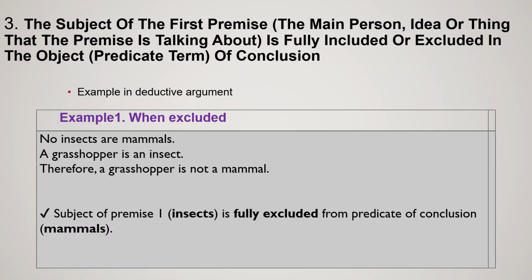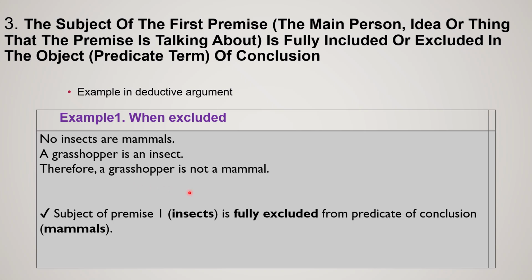Okay, number three, the third feature of an argument in critical thinking is that the subject of the first premise, that is the main person or idea or thing that the premise is talking about, is either included or excluded in the predicate term of the conclusion. For example, in the deductive argument below: no insects are mammals. A grasshopper is an insect, therefore a grasshopper is not a mammal.